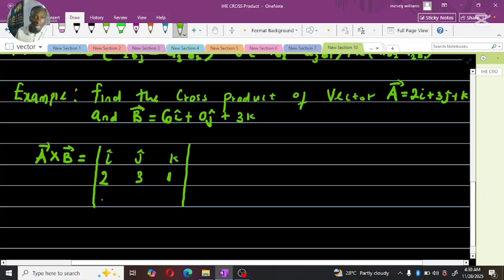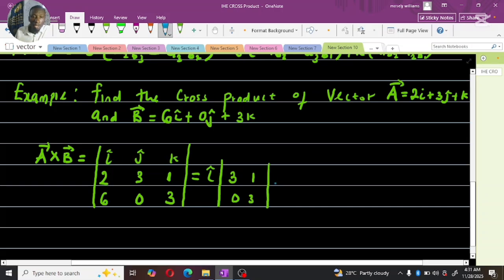While our B components will be what? 6, 0, and 3. It's as simple as that. Now, which implies that we'll be having for I, when we close this section, first row and first column, we are left with 3, 1, 0, 3.